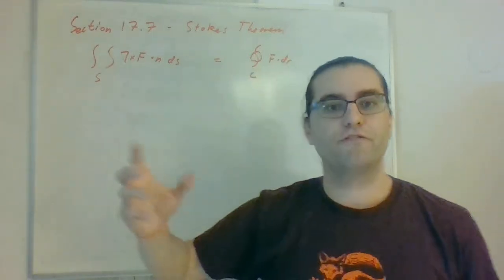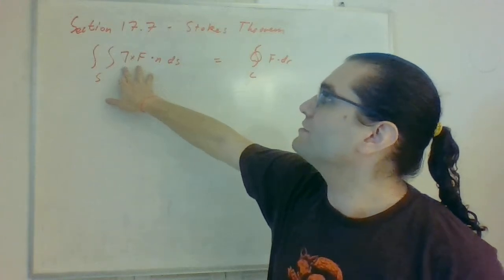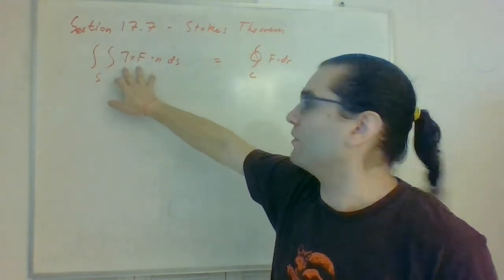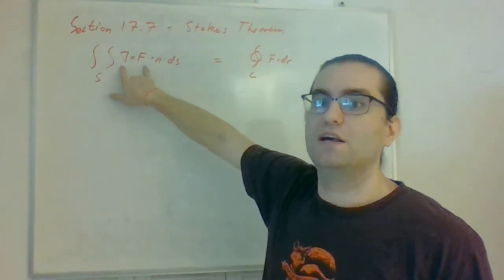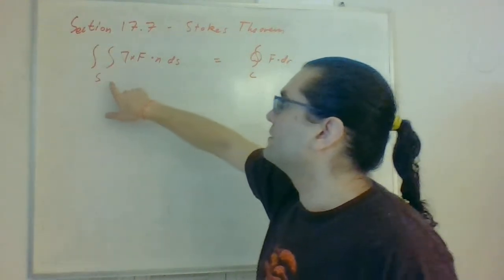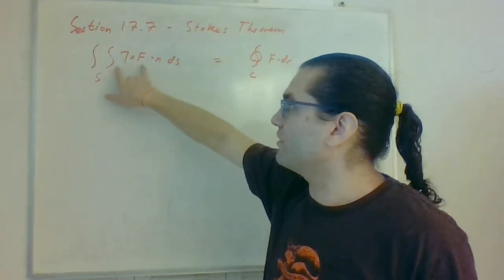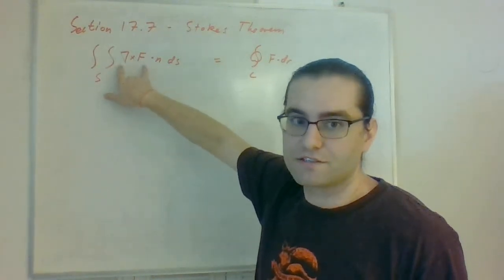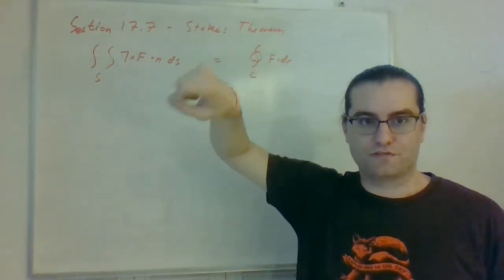So if the vector field you're doing a flux integral for is the curl of something, then instead of doing the surface integral, the flux integral through that surface, you can do the line integral around the edge.